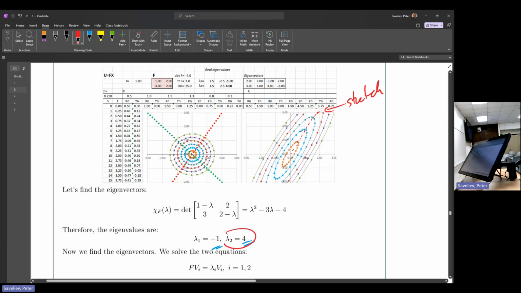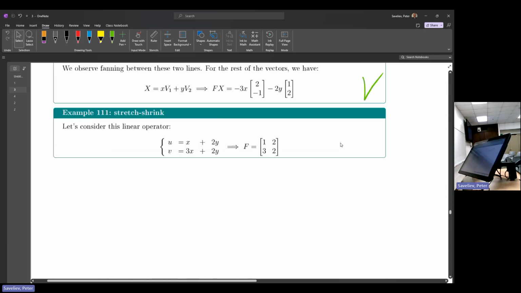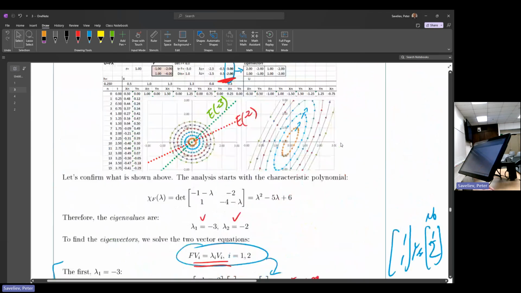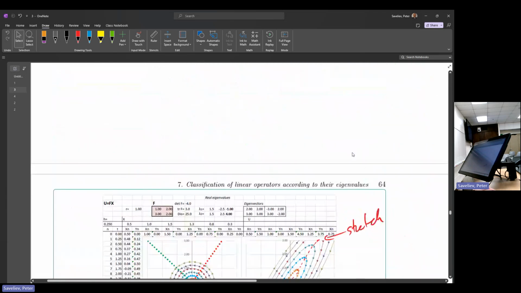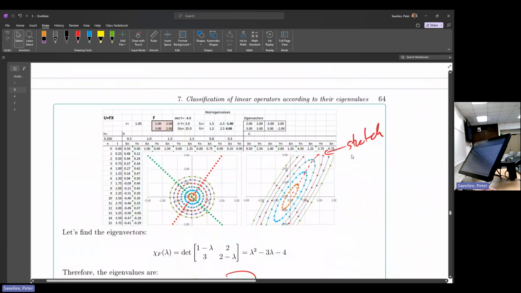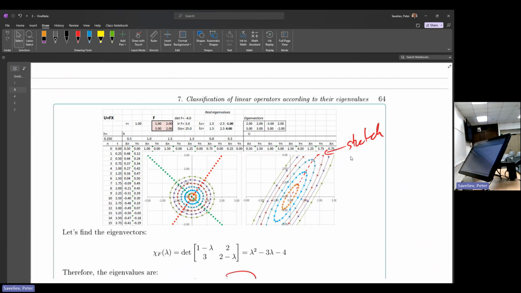So this stretch by 4 is visible, and only because it was invisible over here, because I tried to overlap these 2 lines over the picture on the right, and it doesn't tell you anything. Here it does, because there's only 1 stretch along one of the 2 lines. There's nothing happening along the green line, and that's why the ellipses are definitely oriented with the red eigenspace.